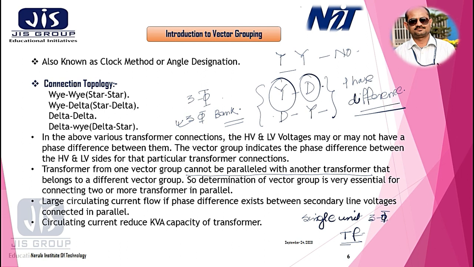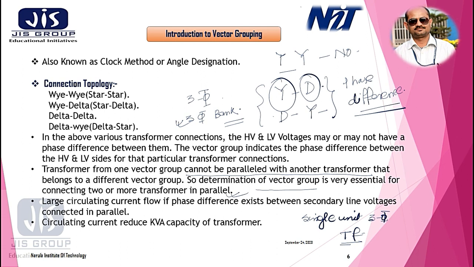So determination of vector group is very essential for connecting two or more transformers in parallel. Otherwise, if we don't do this, there will be a large circulating current because of the relative phase difference between secondary line voltages being connected together.